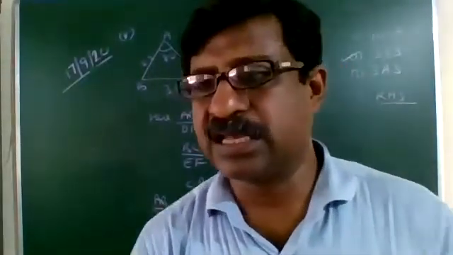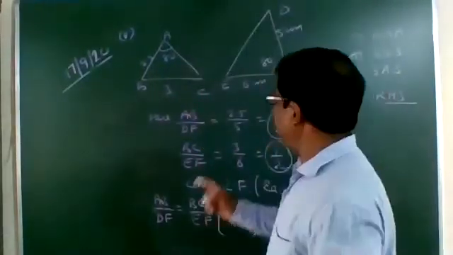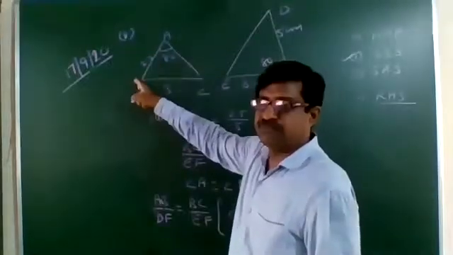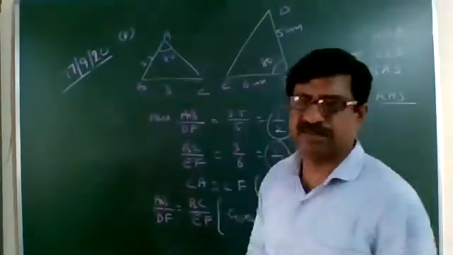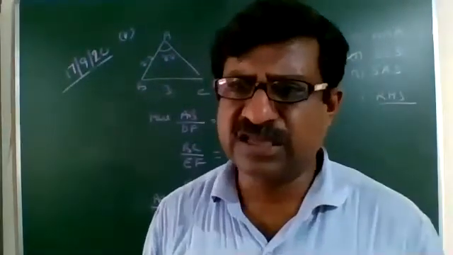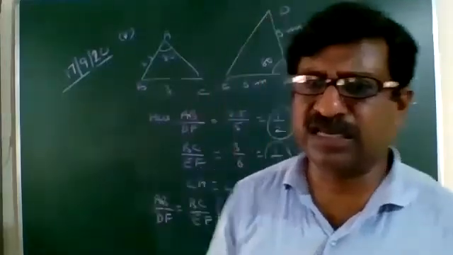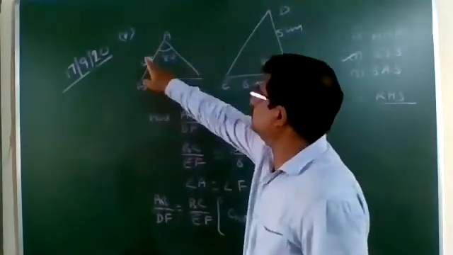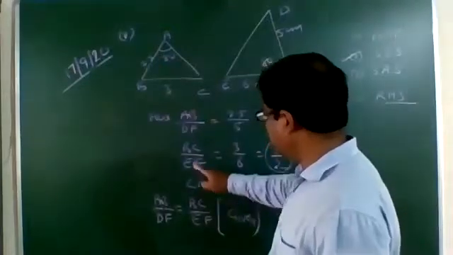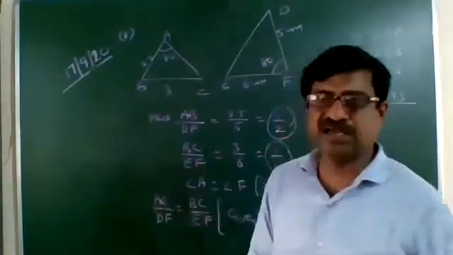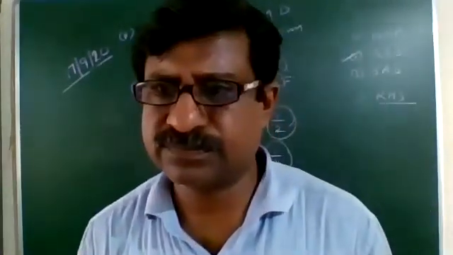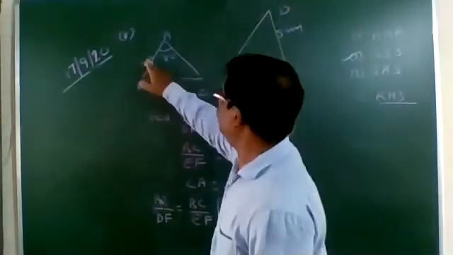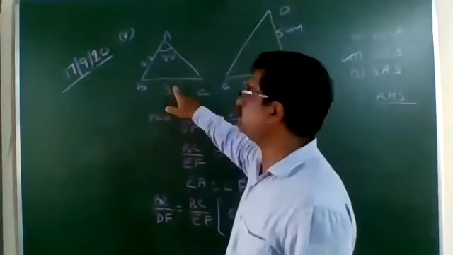Included angle means we have to find out the angle between AB and AC. This is AB and BC. These are the sides we have taken, AB and BC, and the angle should be in between them. The angle should be in between 2.5 and 3 centimeter.